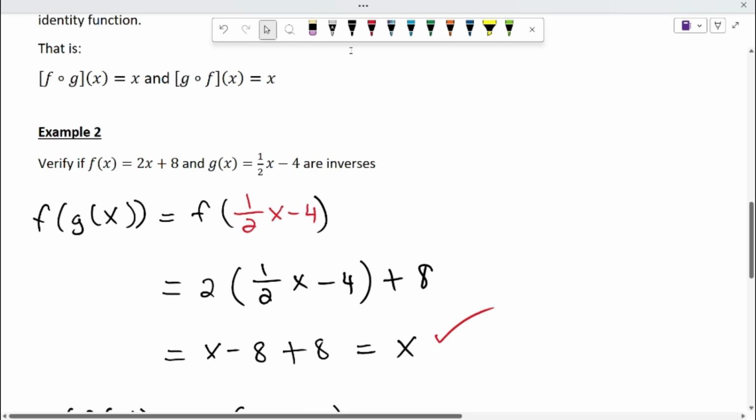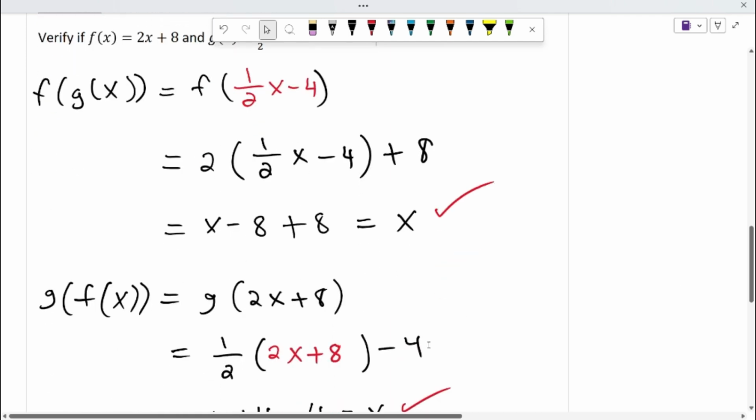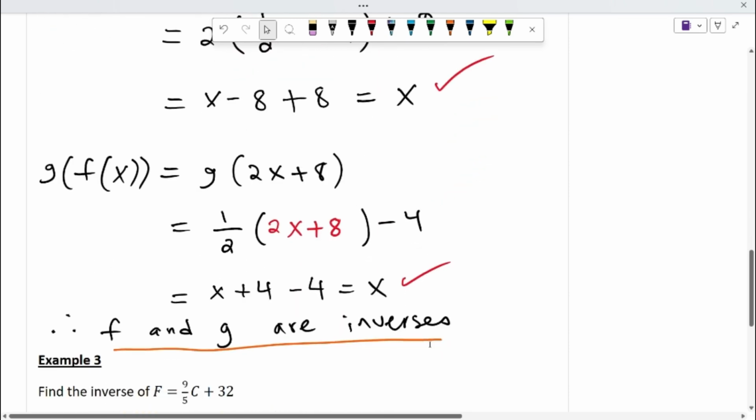You don't have to compute g composite f. We can right then say these two functions are not inverses because f composite g of x didn't give us the identity function x. Likewise, if you computed one composition and got the identity function, but the other didn't give the identity function, then the functions are not inverses.